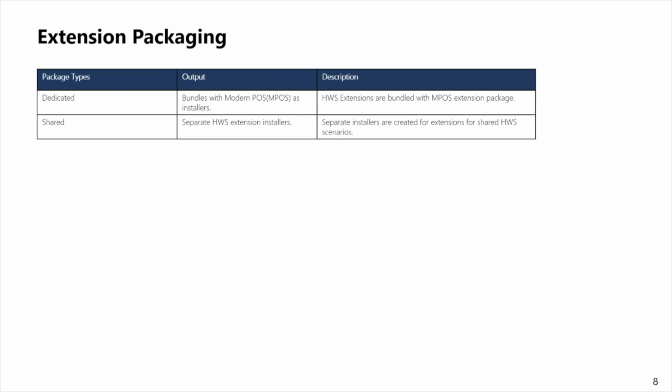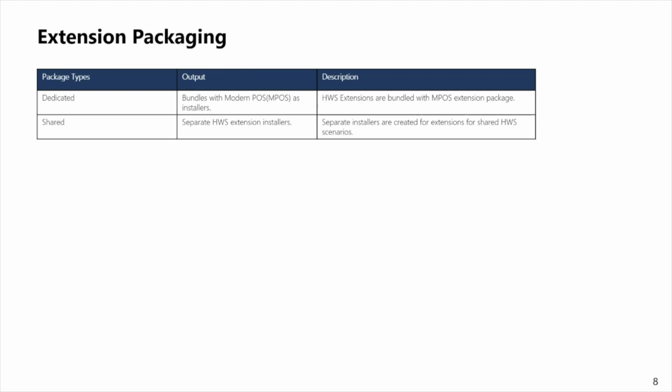So you'll create a modern POS extension project, the hardware station will be included as part of it, and then you generate a separate installer. The second type of deployment is the shared, where you create a separate shared installer, and it can be installed as an add-in to the existing shared hardware station installer, which can be consumed by the cloud point of sale or the modern point of sale, depending on your topology.